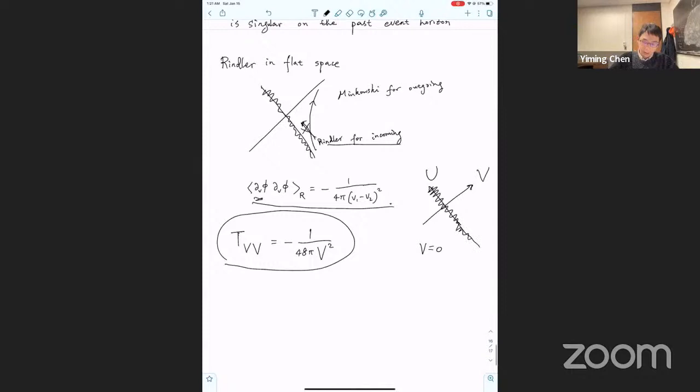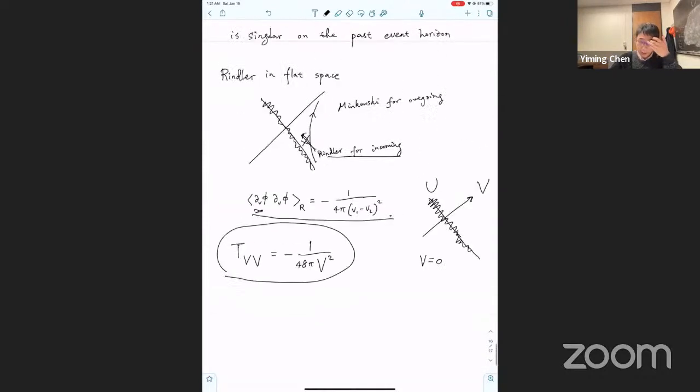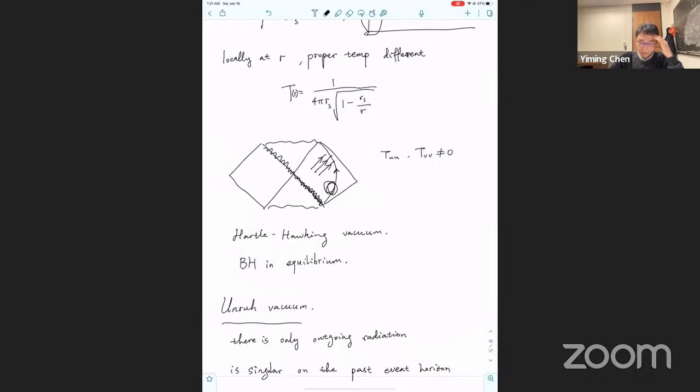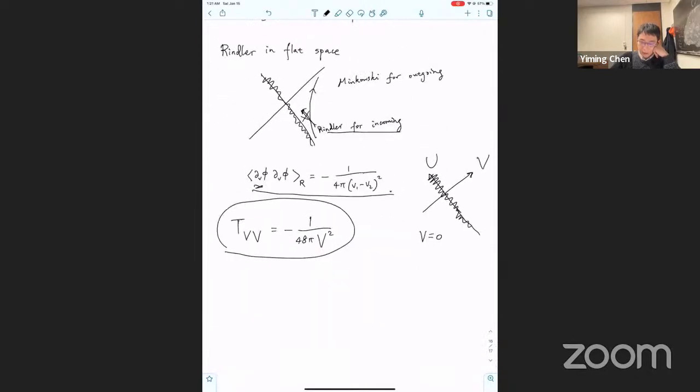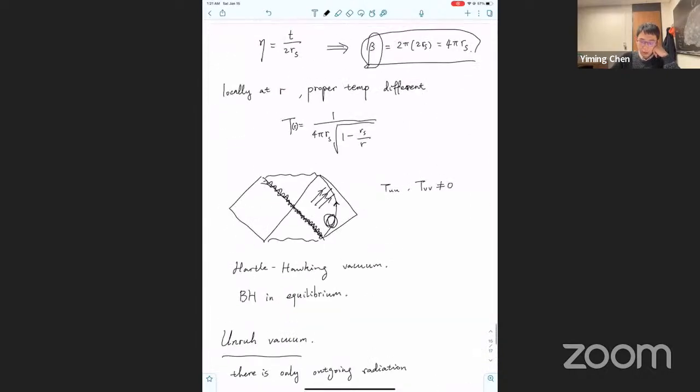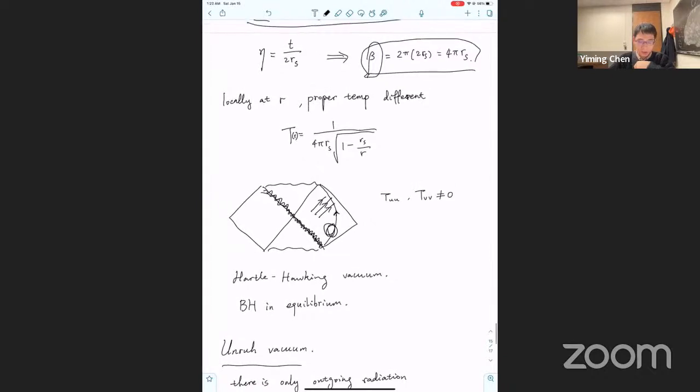And in the black hole context, the analogy would be that the stress tensor diverges here. Of course, here I'm drawing an analogy. In this flat-space discussion, it's very subtle which UV divergence we subtract. In general curved space, this notion of subtracting a vacuum divergence is not so well defined because in general there's no Killing vector that really gives you a notion of vacuum state. But nonetheless, you can generalize the point splitting idea to curved space.